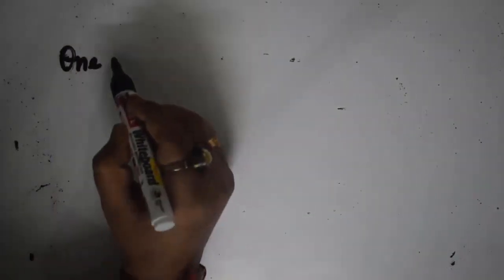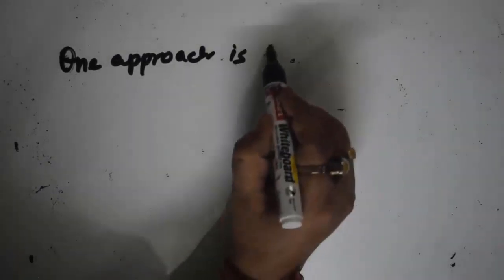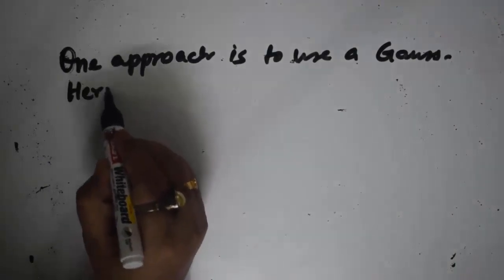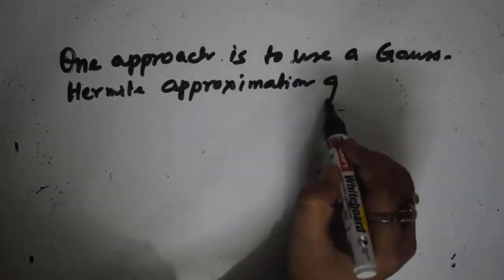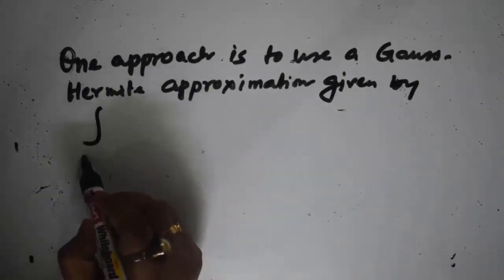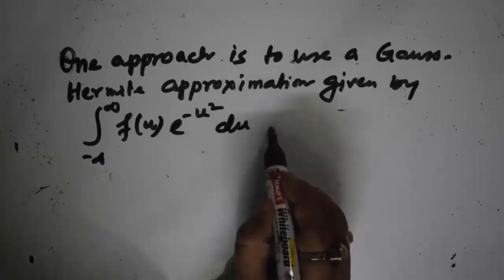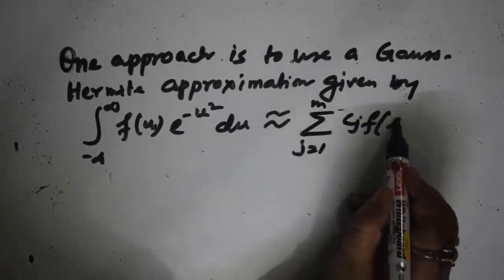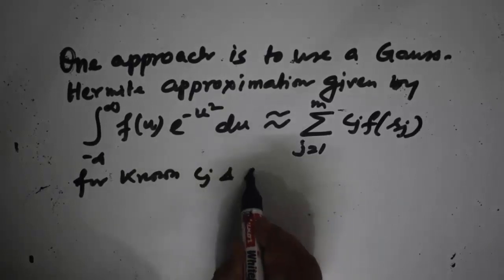One approach is to use a Gauss-Hermite approximation given by the integral from minus infinity to plus infinity of f(u) e to the power minus u square du, which is approximately equal to the sum over j from 1 to m of cj f(sj), for known cj and sj.